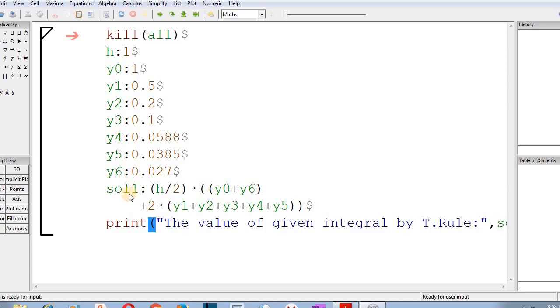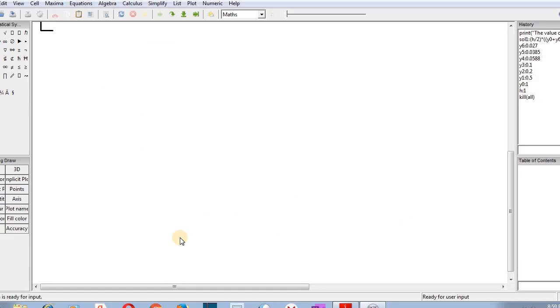Make it SOL1. After the bracket I will take it downside. Okay, this comma we have to write here, and then the solution. Make its symbol here. What is that symbol? Make it dollar symbol. Now we can execute. How to execute this? Execute by pressing shift and enter. Shift, enter. So it will give the result.